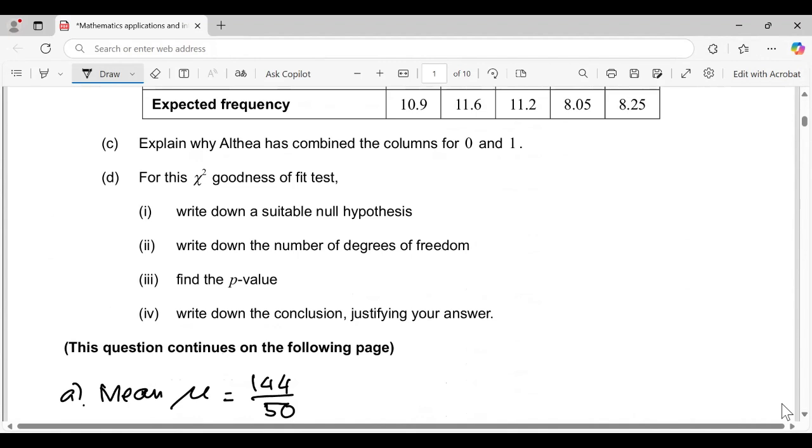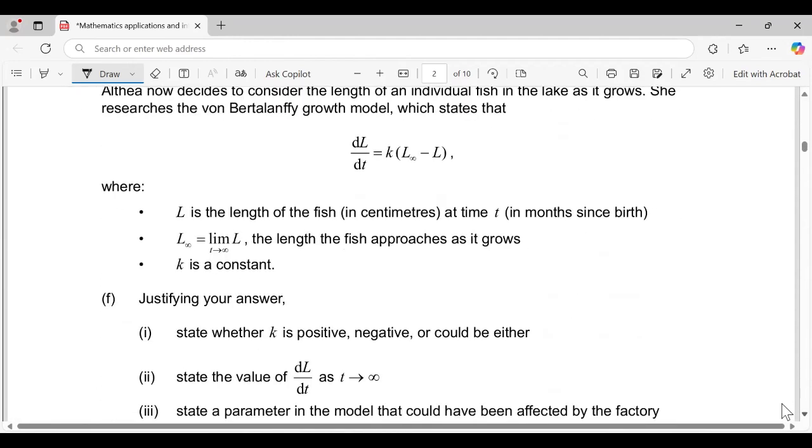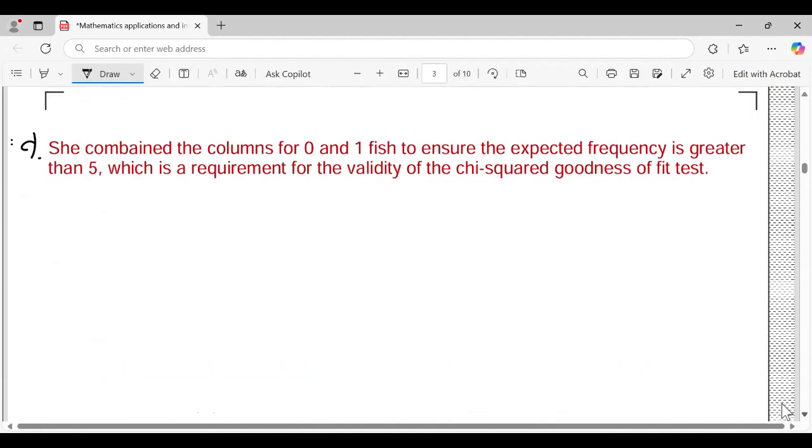For this chi-squared goodness of fit test, write down a suitable null hypothesis, write down the number of degrees of freedom, df, find the p-value, and write down the conclusion justifying your answer. D part 1.